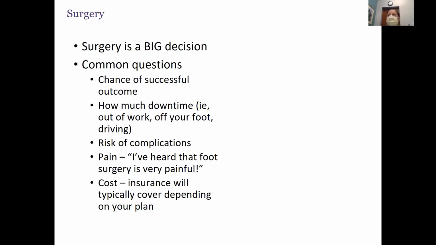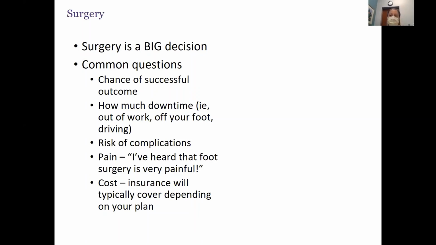Yes, foot surgery is painful, but it usually is only for the first 72 hours to 5 days after surgery. The further out from surgery you get, it gets less and less painful. Yes, there are rare cases where you can continue to have pain for weeks to months after surgery, but that is not that common.